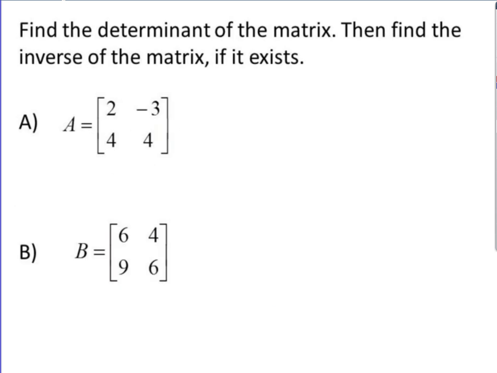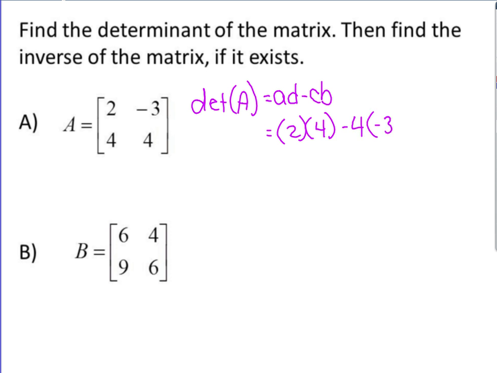If the instructions say to find the determinant and then find the inverse, that's exactly what we were just doing on the other one. To find your determinant, that's still your AD minus CB. In this case, it's going to give us 8 plus 12, which is 20.